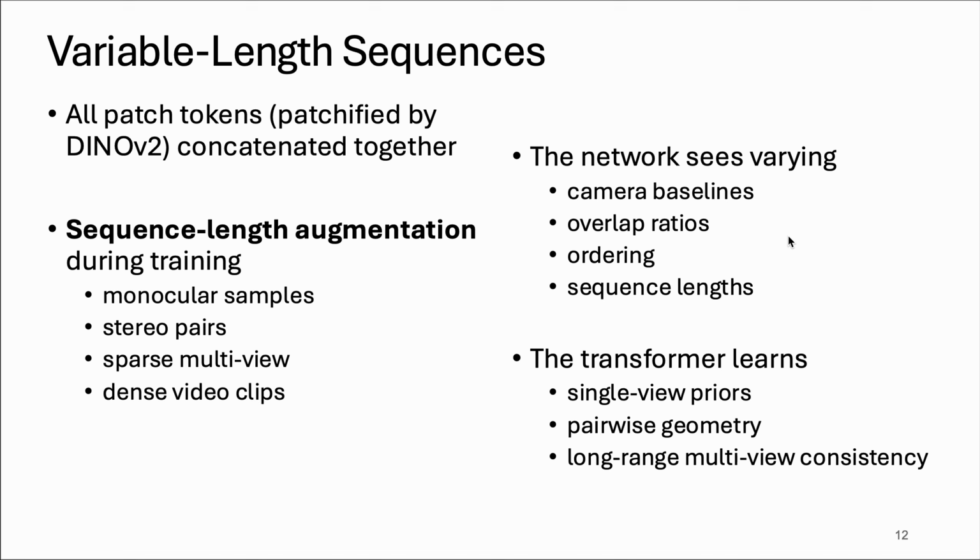This training process lets the network learn camera baseline, overlap ratios, ordering, and sequence length. The transformer learns single view priors and pairwise geometry, as well as long range multi-view consistency.